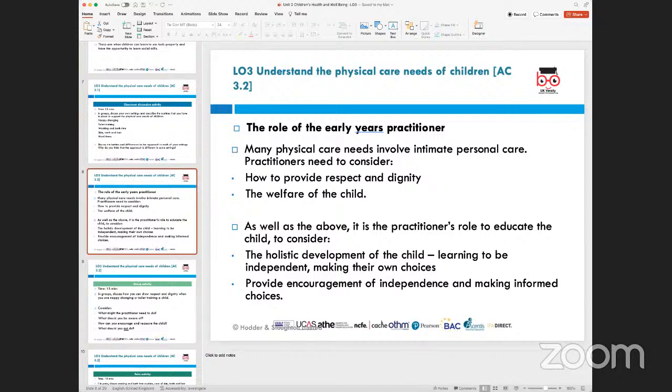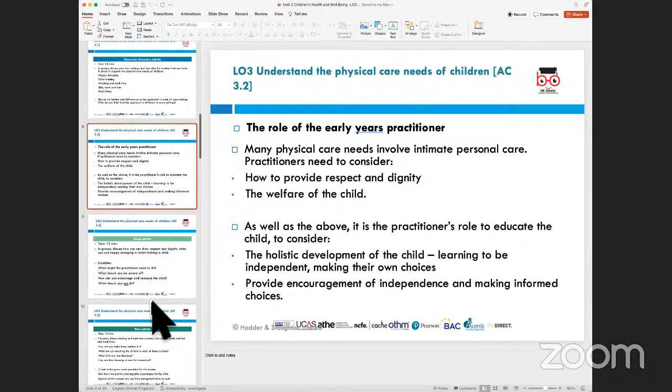This becomes the fundamental foundation that the physical care needs are required for children to be able to have a normal phase of development in the early years.